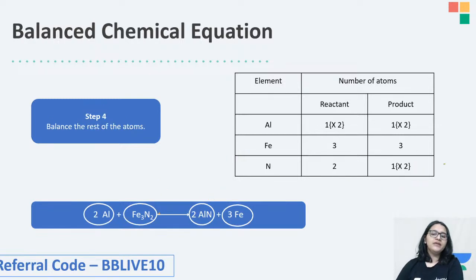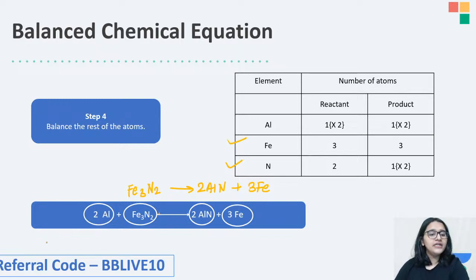So this reaction is now going to be Fe3N2 giving you 2 AlN plus 3Fe, right? So now iron is also balanced, nitrogen is also balanced, but ma'am, what about aluminium?